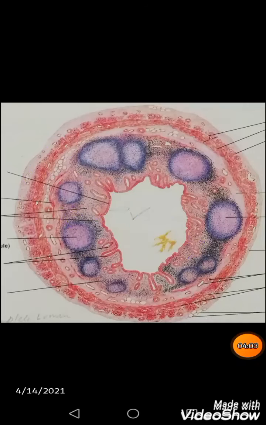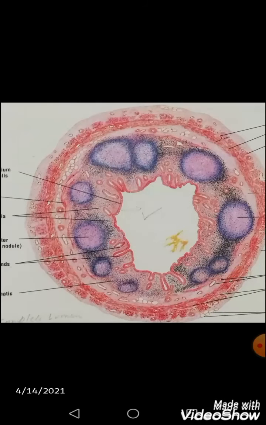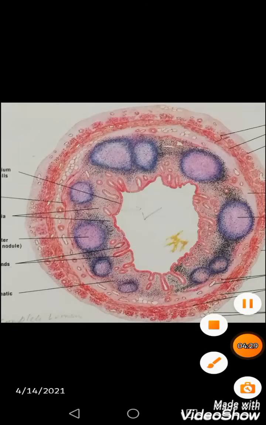Now one by one we will be discussing. You can see its lumen, which is looking like an irregularly marginated structure, stellate in appearance, but it is showing a complete lumen. Even on 4x you can observe the lumen of this appendix. And the mucosa would be showing the epithelium first.